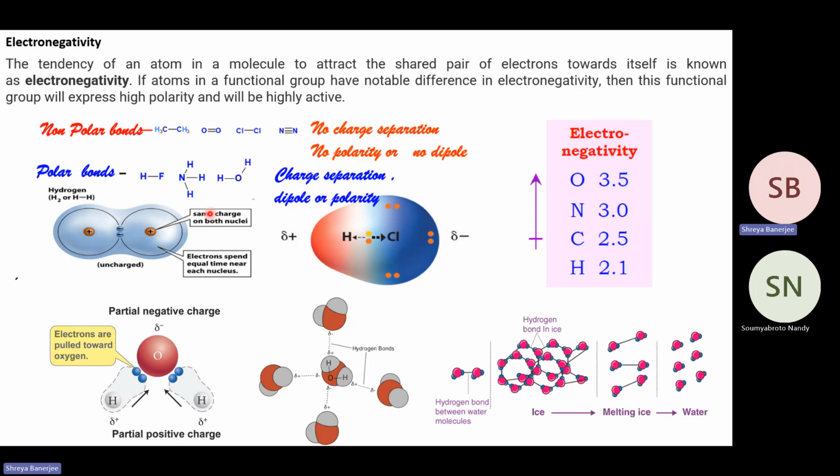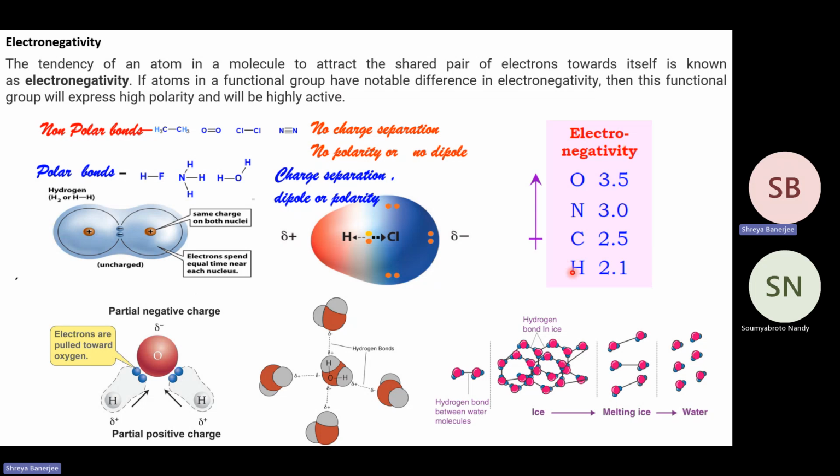But if you have a polar bond like HCl, the electronegativity of Cl is greater than H, so it will pull electrons towards itself, gaining a delta minus charge on the chloride. The hydrogen will then gain a similar delta plus charge. So this leads to the presence of a dipole moment in the HCl molecule.